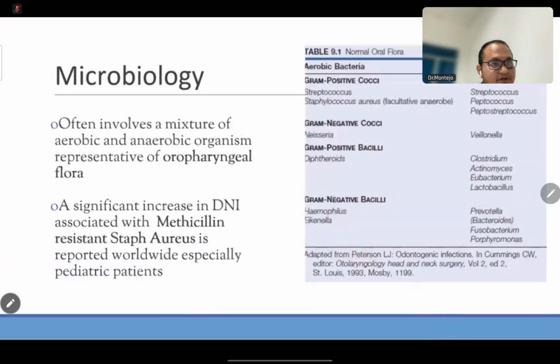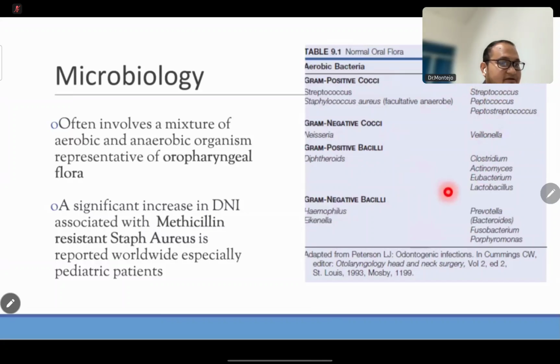Okay, so for the microbiology of deep neck infection, since the oral cavity is dirty, it is polymicrobial. In this table, these are just the common gram positive and gram negative bacteria and even anaerobic.